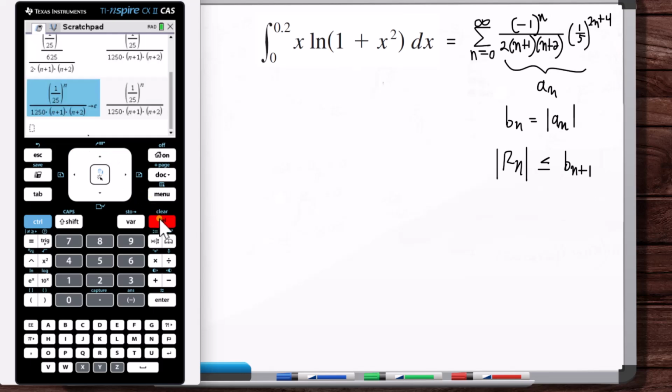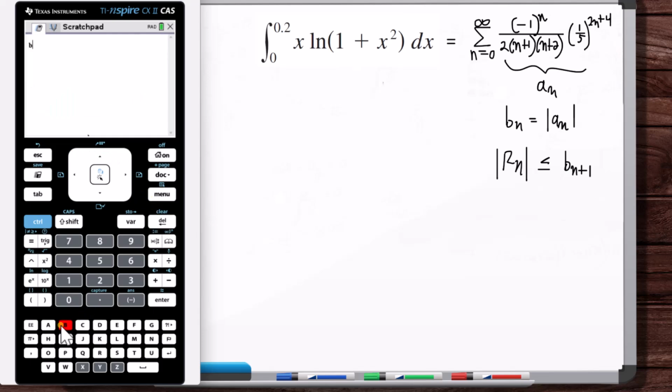Okay. So we want to say, what is b with n equal to, let's say, 3. So that's better than 6 decimal places. That's almost better than 6 decimal places, right?